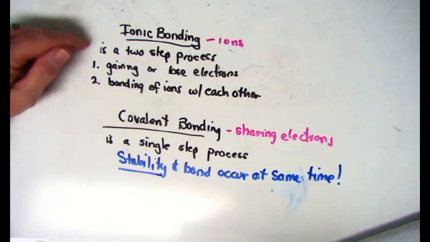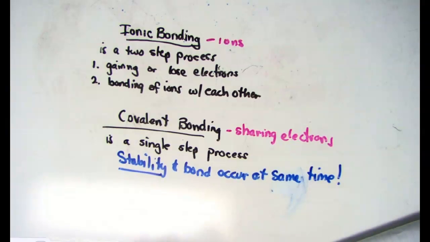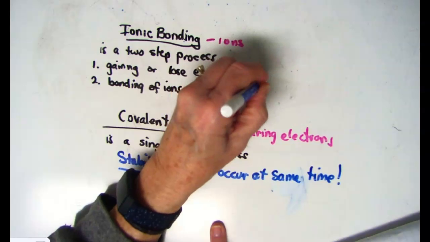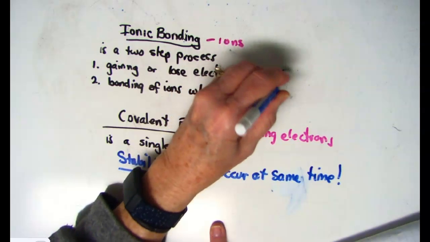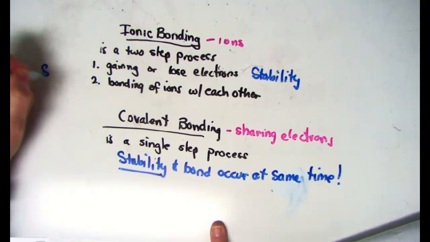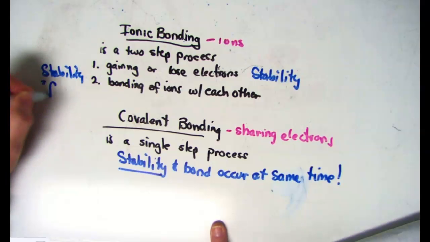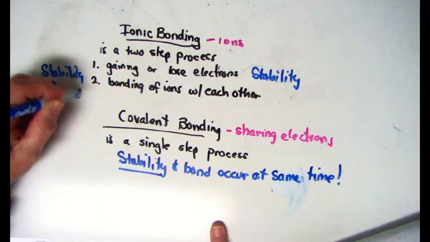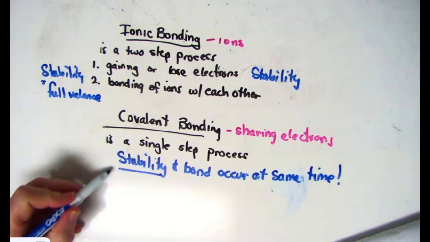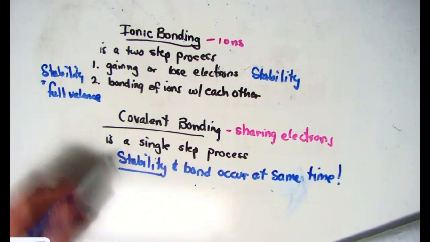When you look at ionic bonds instead, what you see is that stability occurs from step number 1. Stability, again, remember, equals a full valence. Okay? So in covalent bonds, full valence shell happens as the bond occurs. That's the purpose of the bond.